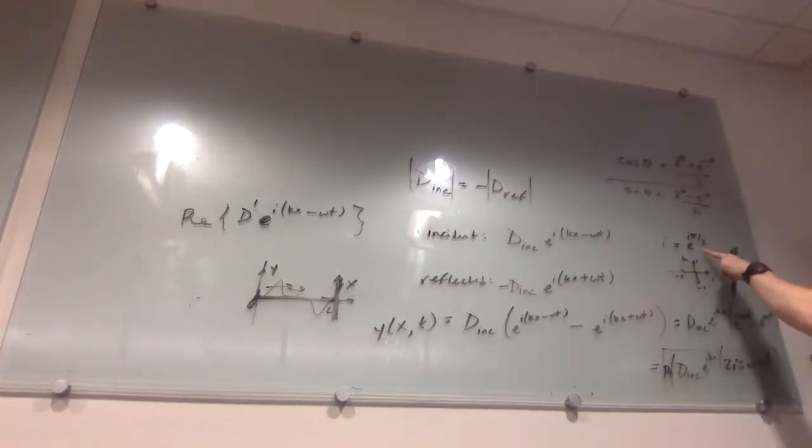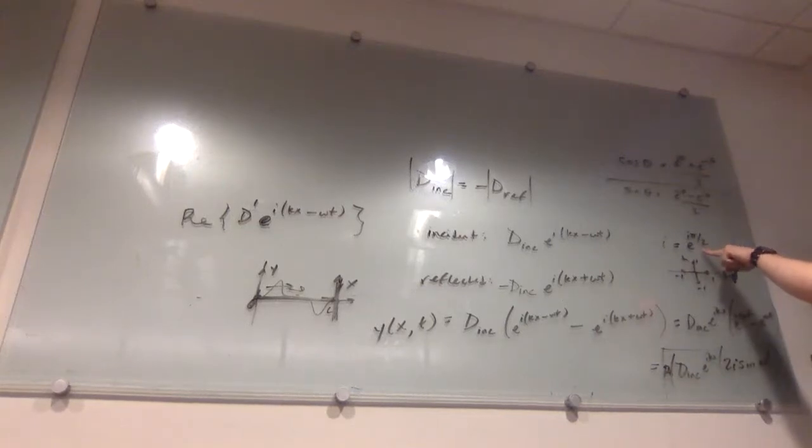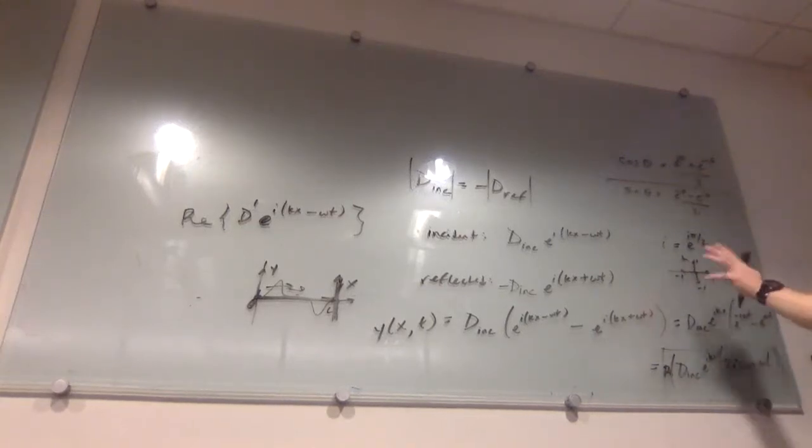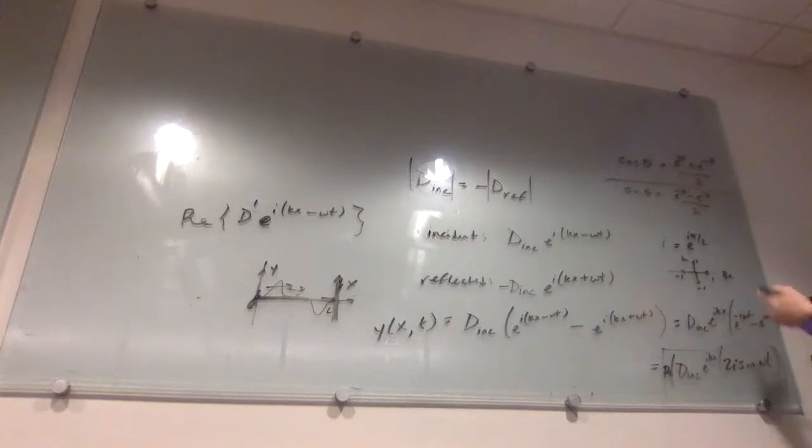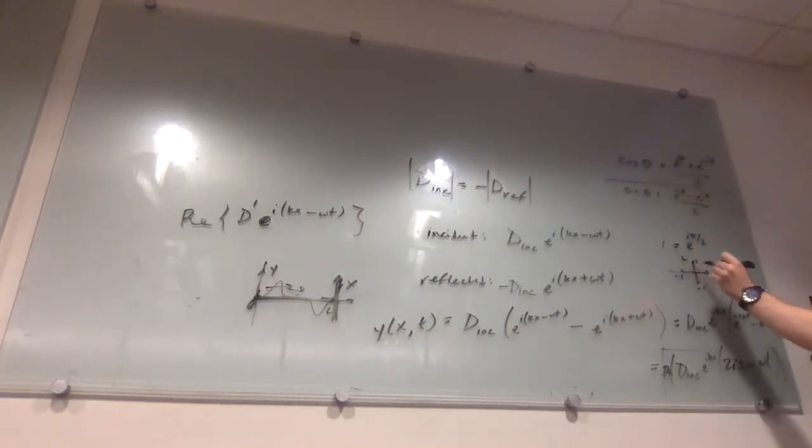All I'm doing is writing it in polar coordinates. In the complex plane, just like any plane, we could write it in polar coordinates. 1 in polar coordinates is just 1, because there's no angle. i in polar coordinates is 1, the magnitude, times e to the i theta, where theta is a quarter of a rotation, which is pi over 2.